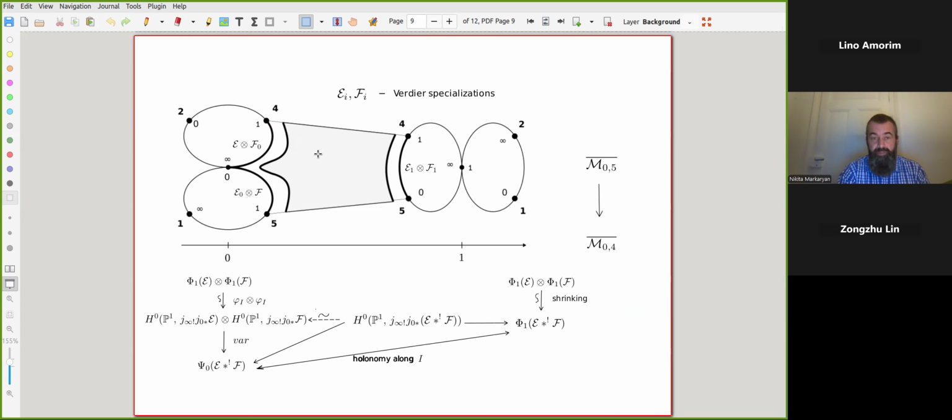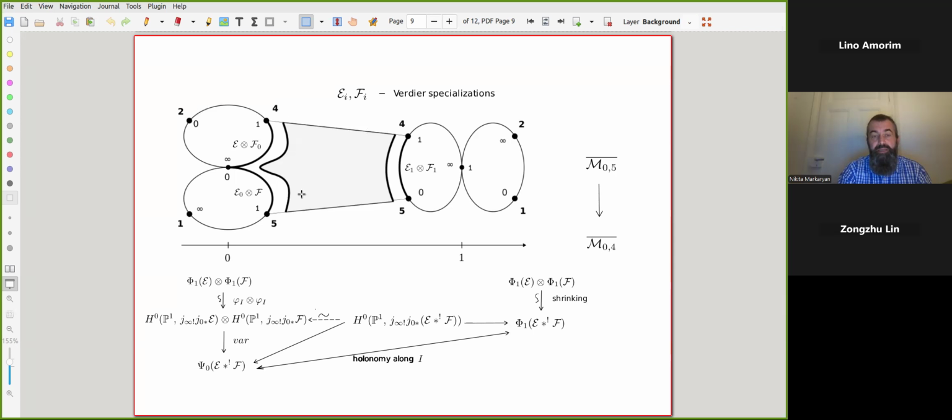And it presents the push forward of the convolution. Because this is a pentagon, there are some compatibilities.